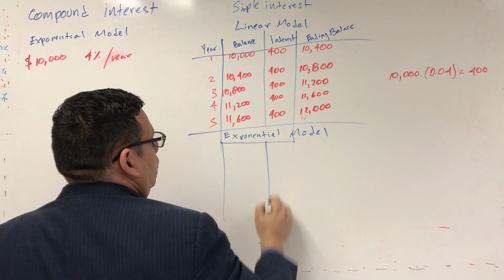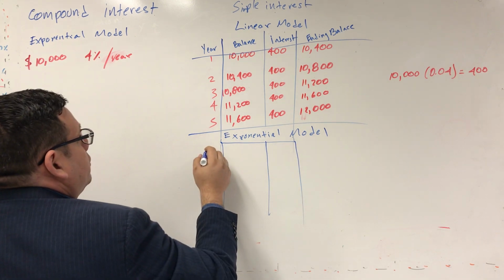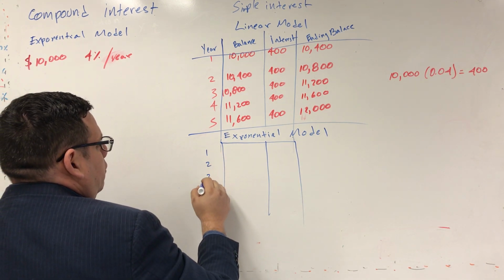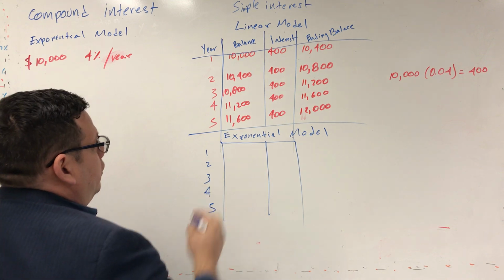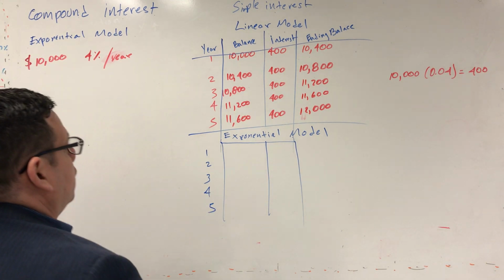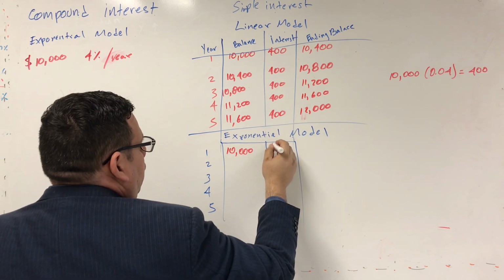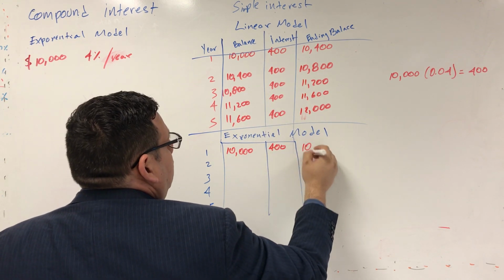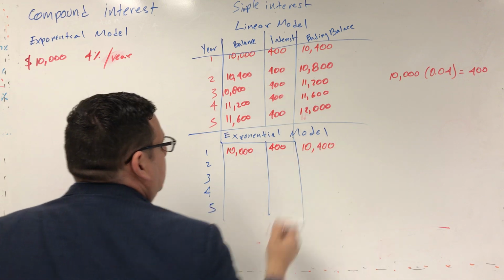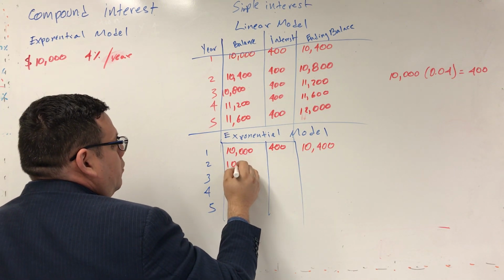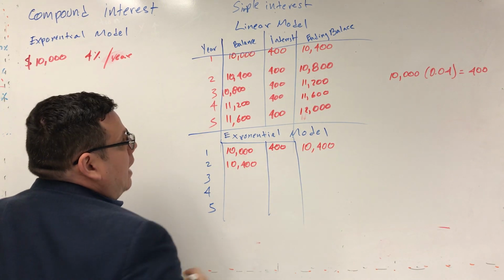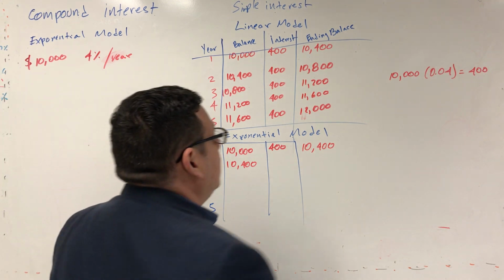We have years, the 1st, 2nd, 3rd, 4th, and 5th. We start again with this money. We get $400, and then this is my ending balance. But now I am starting with this, and I need to get a new balance for this.